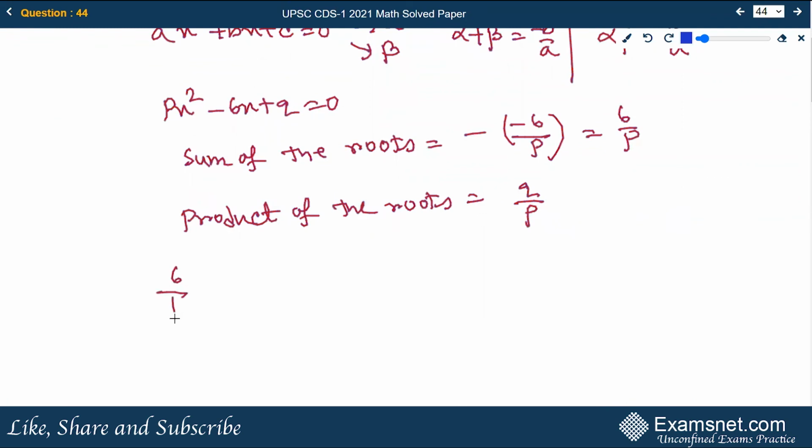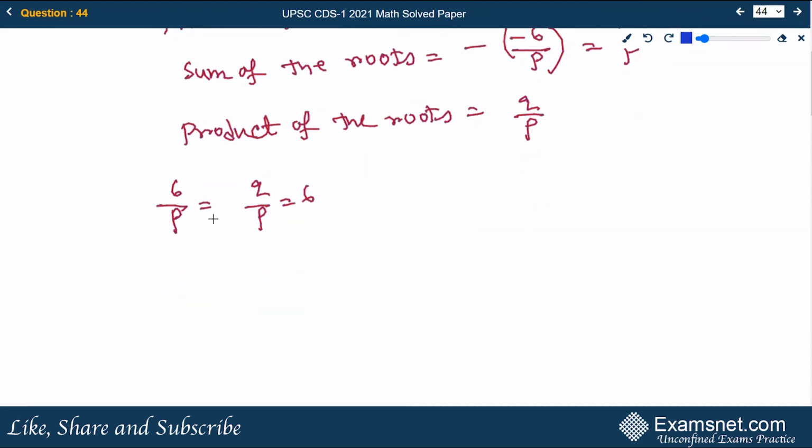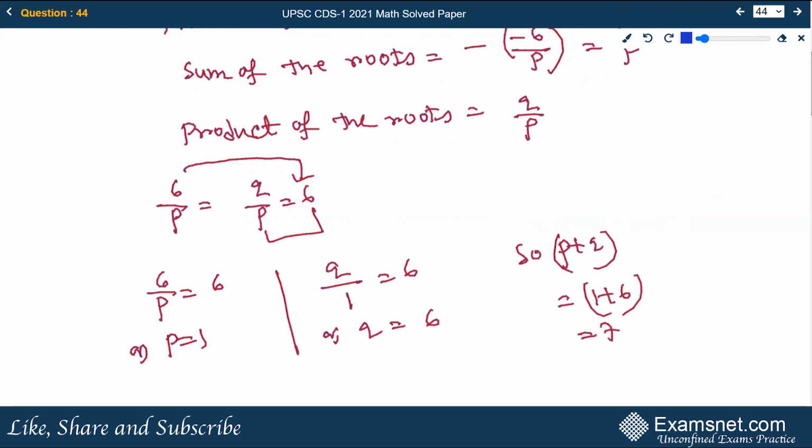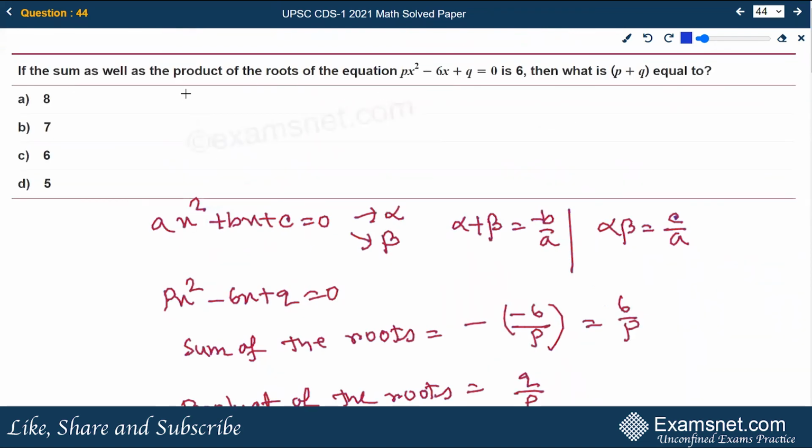That means I can write 6 by p equals q by p equals 6. So if I take the first ratio with the third ratio, 6 by p equals 6. So p equals 1. And if I take the second ratio, q by p, now let's put the value for p, which is 1, equals 6. It will give us the value of q, that is 6. So p plus q equals 1 plus 6, that is 7. So here, what is p plus q equal to? 7. Option B is the correct answer.